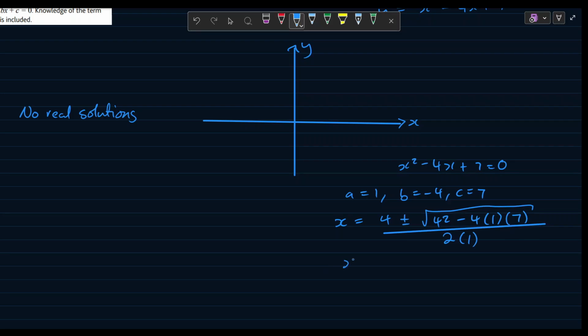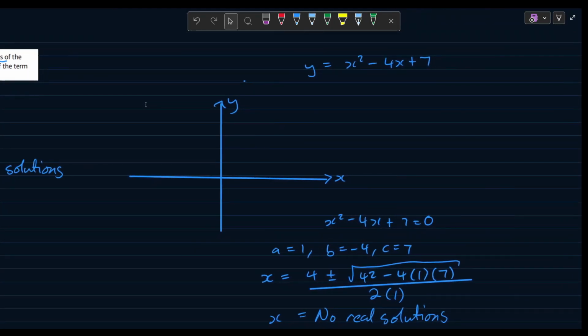I want you to punch all of this into the calculator, and notice that you're going to get a math error on your calculator. So in this case, what actually happens is that you're not going to get any real solutions, right? So no real solutions, or just simply no solutions for now, since we haven't started looking at the whole imaginary number stuff.